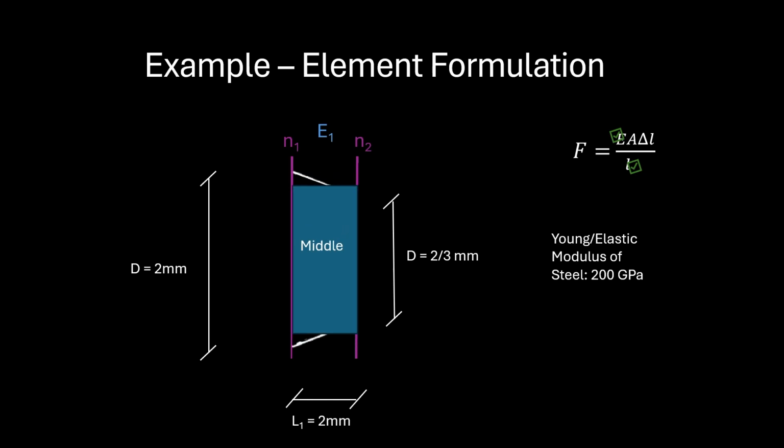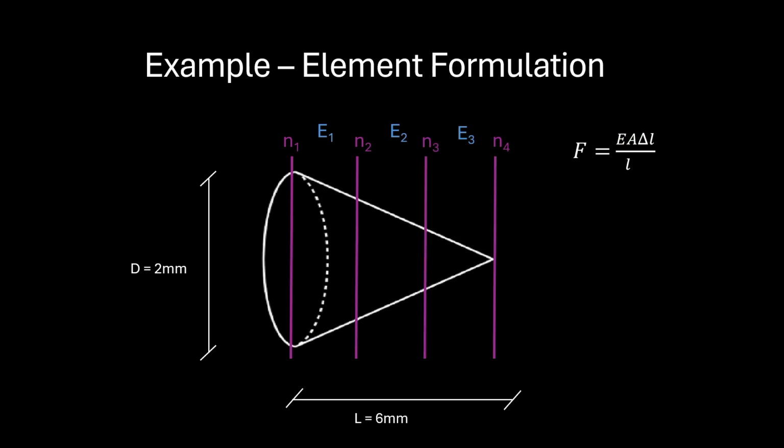So we should be somewhere in the middle. But again, to make the math easy, we're just going to do the too strong example. So with a little bit of geometry, it's pretty straightforward to find that cross-sectional area. So boom, we have everything we need to know the K, or the stiffness value of that first element.